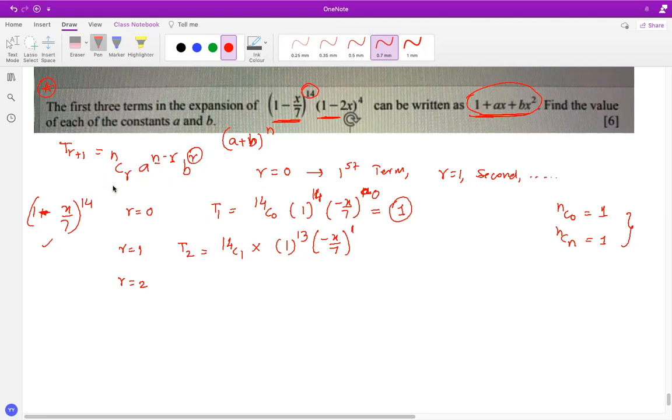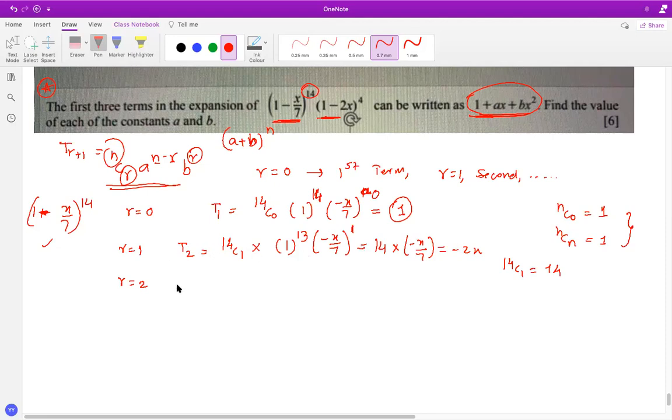I'm just using this straightforward formula, plugging n as 14 and r as 1. So when you simplify this, 14C1 is 14, and 1^13 is 1, times -x/7. So my second term is actually -2x.